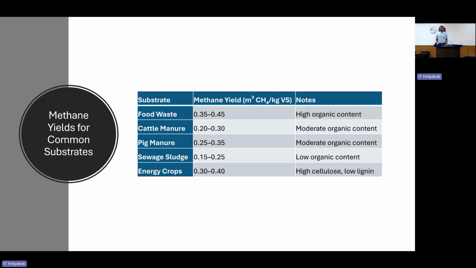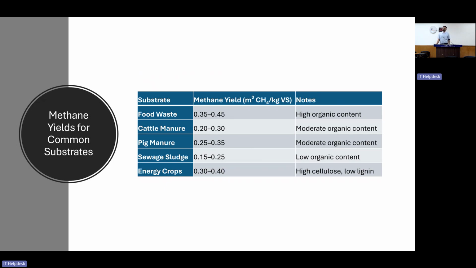And these are the methane yields for most of the common substrates or feedstocks. Food waste has the highest methane yield through anaerobic digestion, about 0.35 to 0.45 cubic meter per kg of volatile solid, and it is because of the high organic content in the food waste.